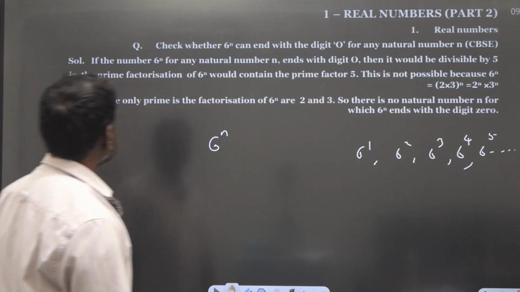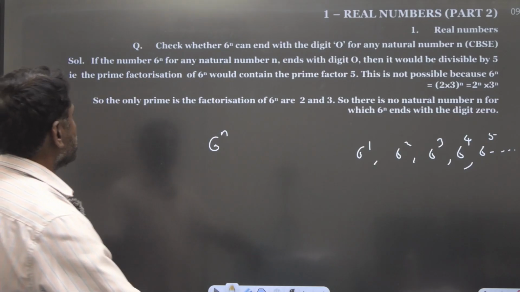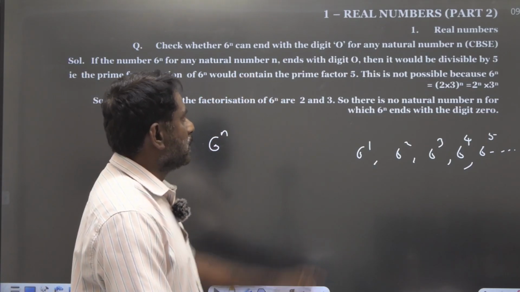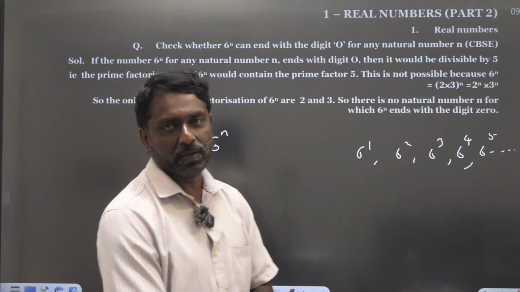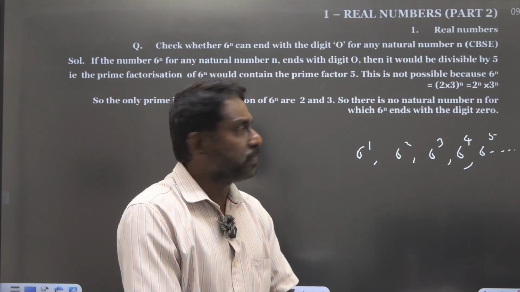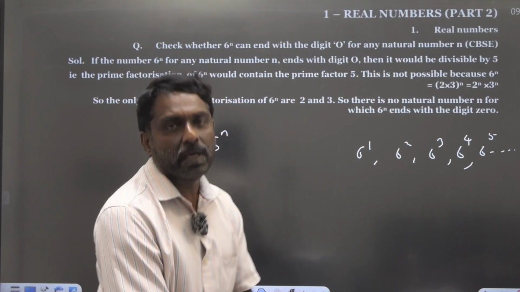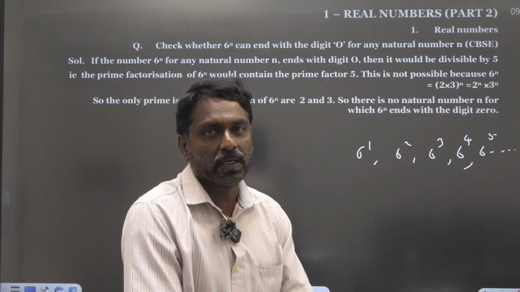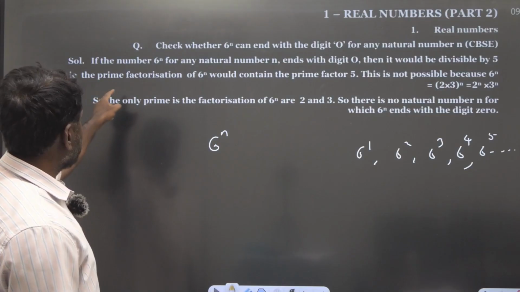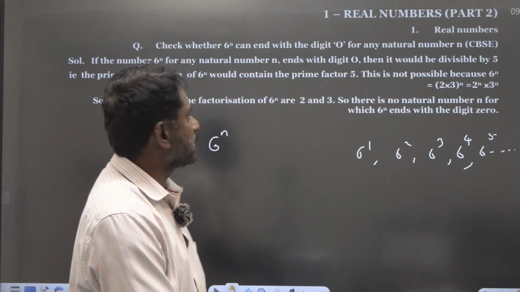Look here, already I have given the solution. If the number 6 raised to n for any natural number n ends with the digit 0, then it will be divisible by 5. If any natural number ends with 0, it is strictly divisible by 5. That is, the prime factorization of 6 raised to n would contain the prime factor 5.